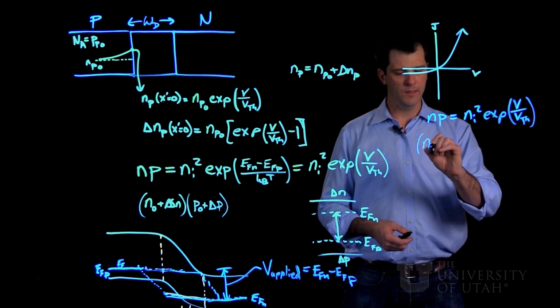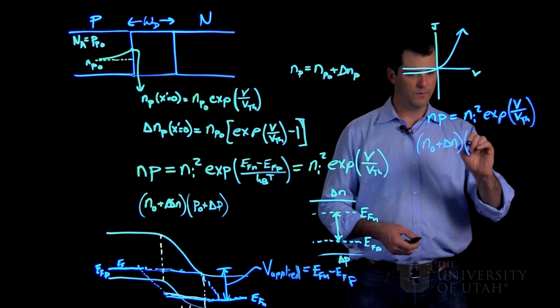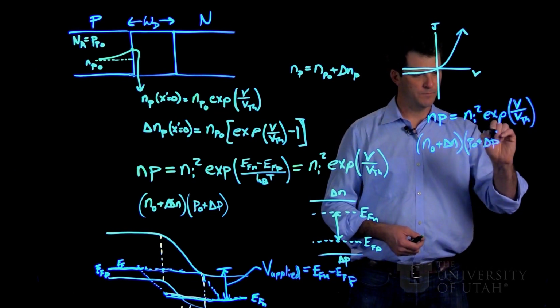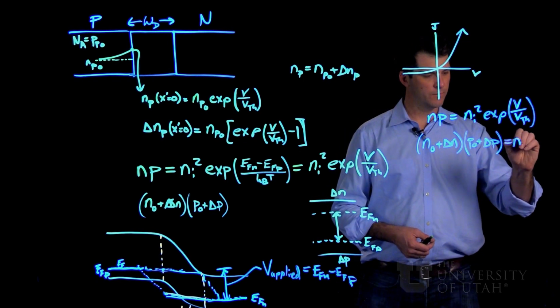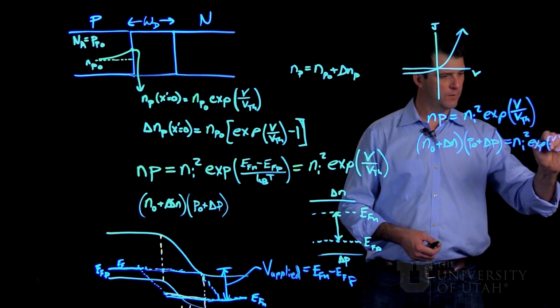So now this is n0 plus delta n times p0 plus delta p equals ni squared exponential of V over V thermal.